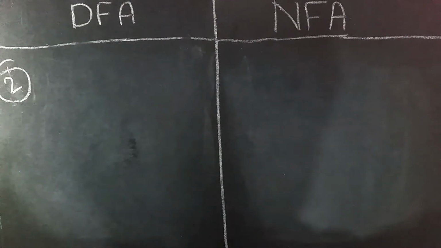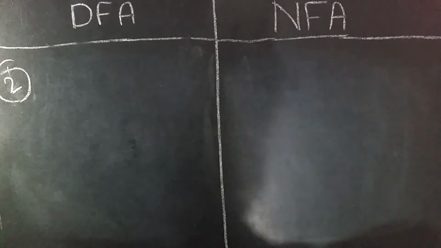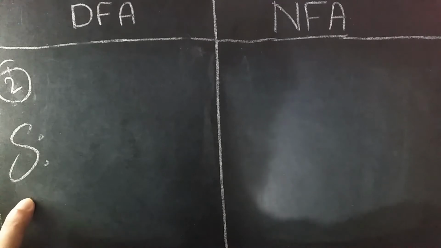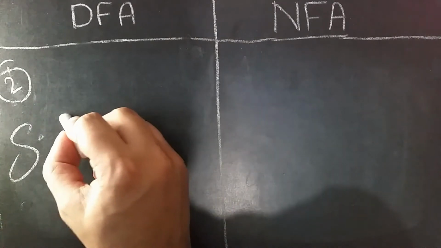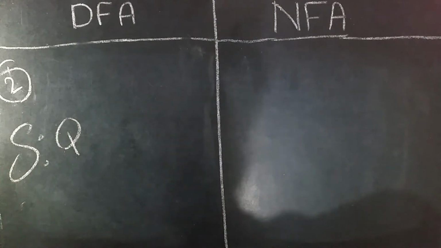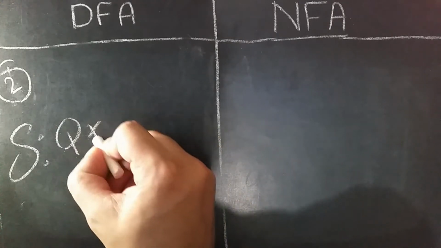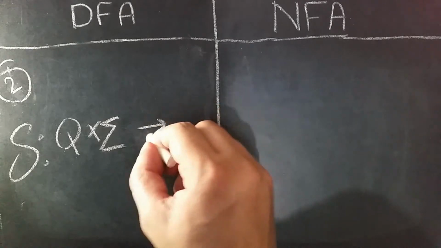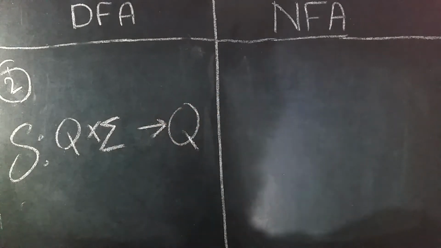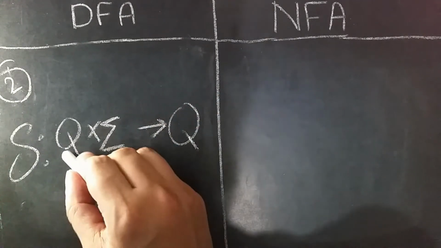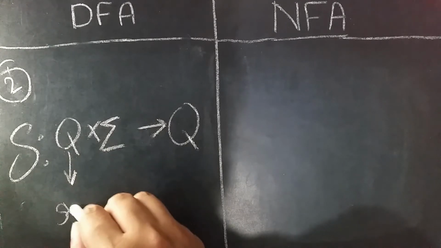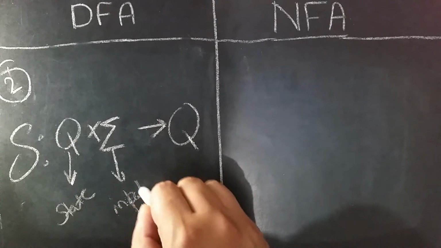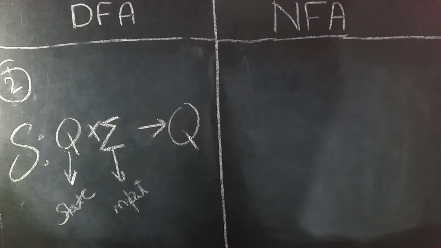The transition function in deterministic finite automata, represented by delta, is: for every state, if we give an input, we reach another state. The capital Q here represents the set of states, and sigma represents the set of inputs.